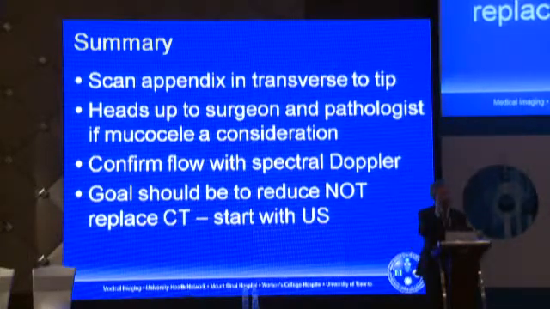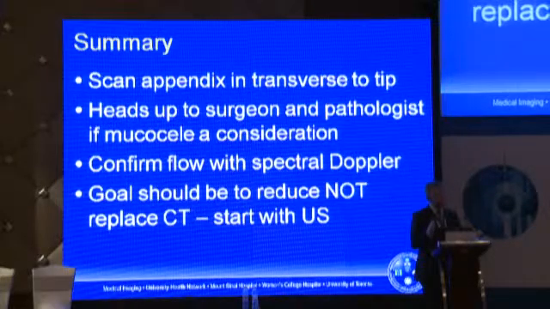Remember, always scan that appendix in transverse all the way off the tip and back on. If you think you might be seeing a mucocele, give a heads up to the surgeon and pathologist. Remember, if you think there's color flow in a mass, confirm it with spectral Doppler.